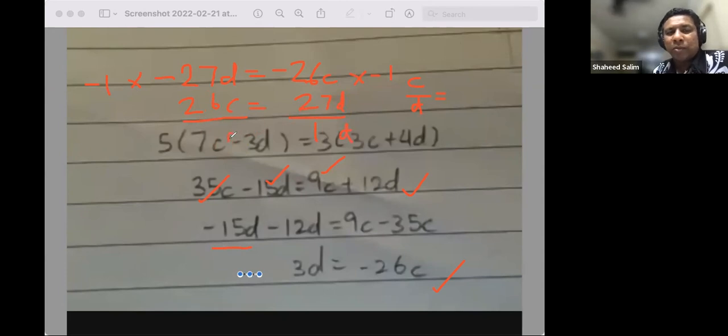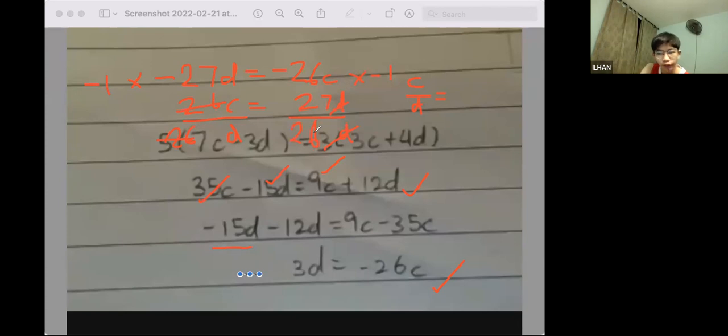Then I must also divide by D down here, so I cancel a D. If I divide one side, I must also divide the other side. Now I want to divide by 26 here, so I cancel 26. I must also divide by 26 here. Final answer, C over D equals to 27 over 26. Are you okay or blur?